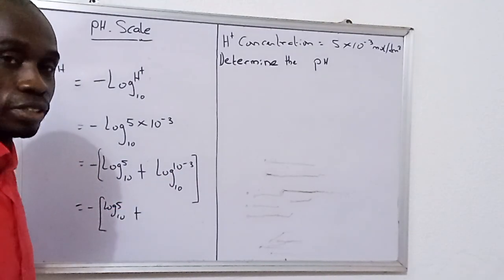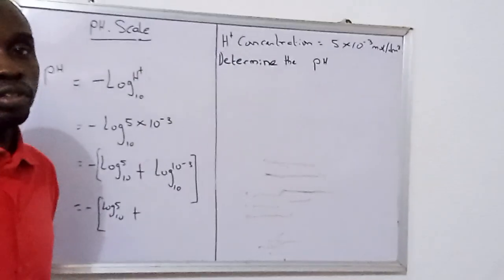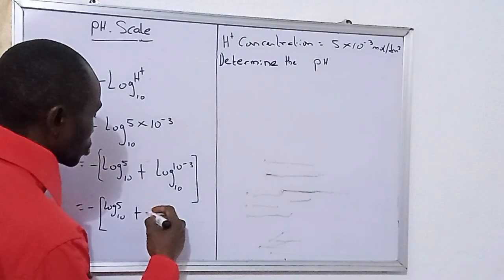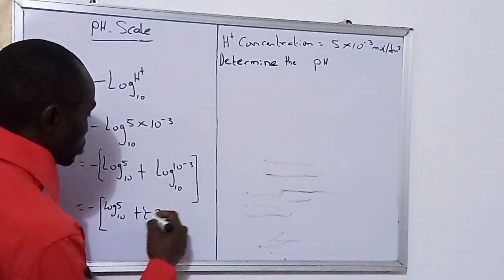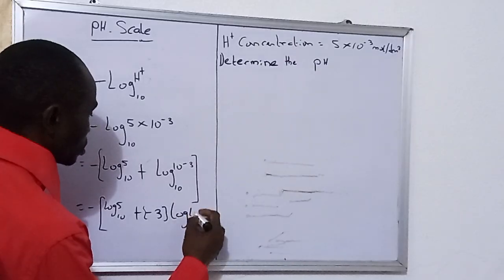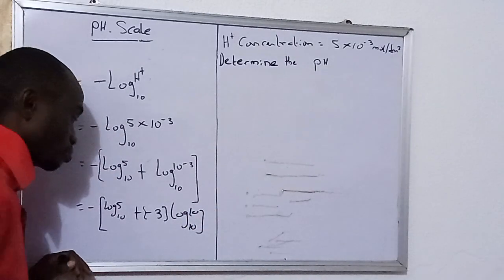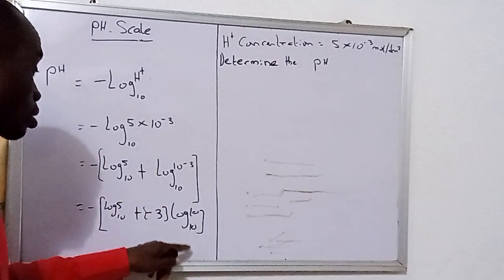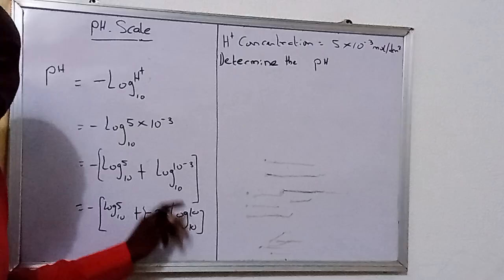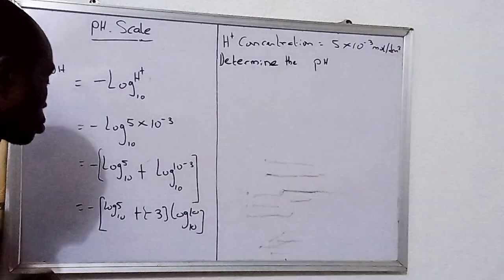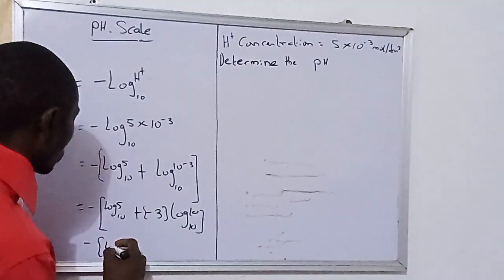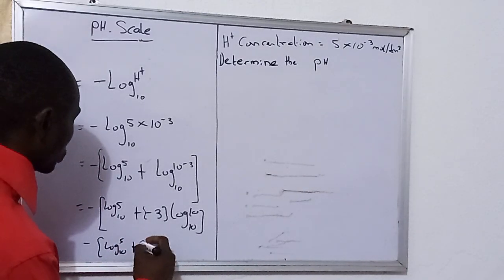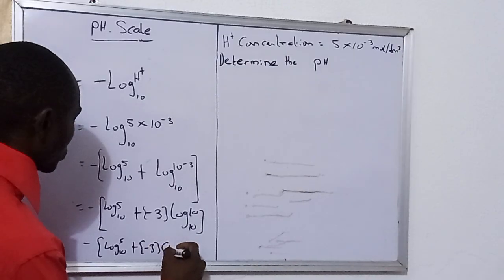So we put this index in front as a coefficient: minus 3 log of 10 base 10. And there's a law that says anytime you have the same value as the log and the base, everything equals 1. So we're going to have minus log 5, then plus in brackets minus 3 times 1.